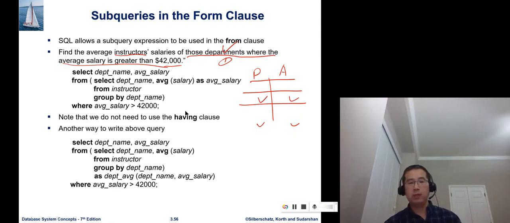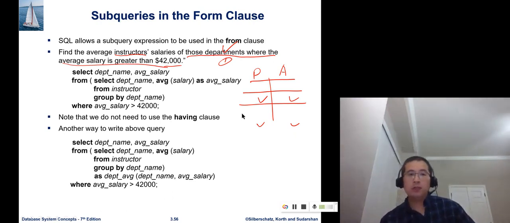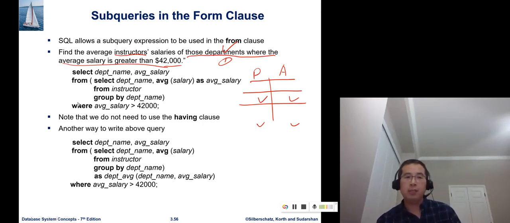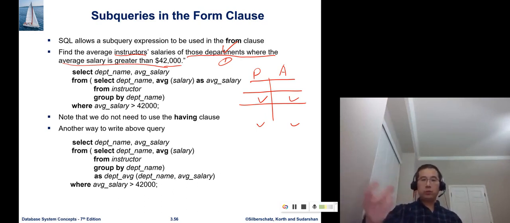So here you can find out we don't use the having clause. In the previous version we used having: select from where and then having, and we need to calculate the average salary based on groups. Each group, first we group, and then we test whether the group's average salary is larger than 42K. If yes, we keep that group, otherwise we throw it away.